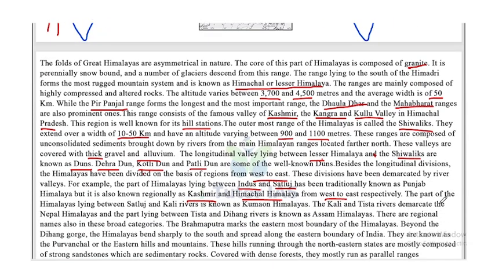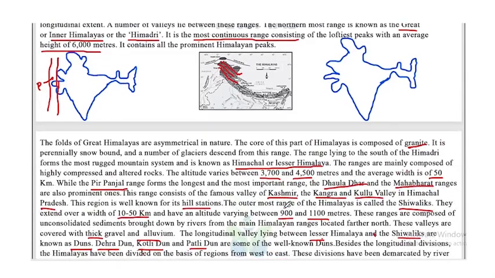Now, the part of the Himalaya lying between the Sutlej and Kali river is known as Kumaon Himalaya. So the first one is between Indus and Sutlej, that is called Punjab Himalaya, and the next one is between Sutlej and Kali river, known as Kumaon Himalaya.